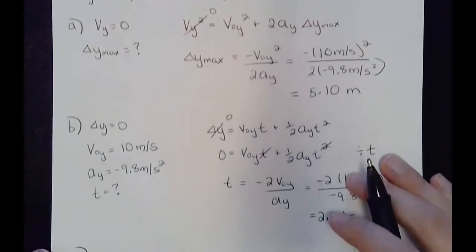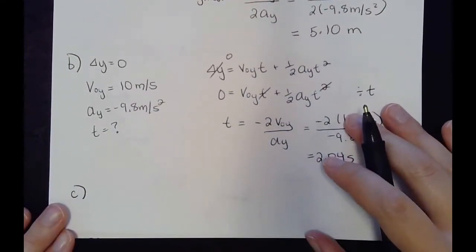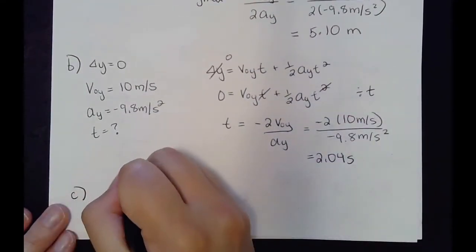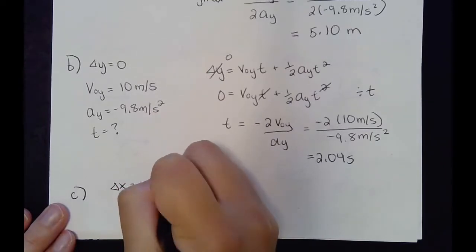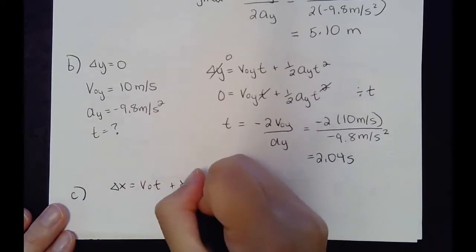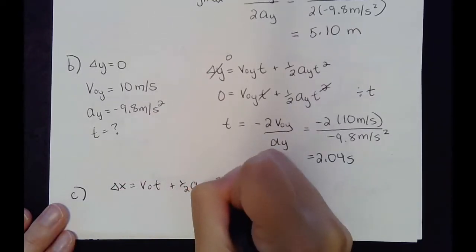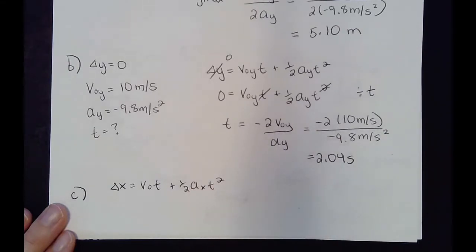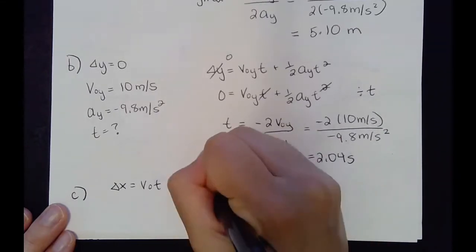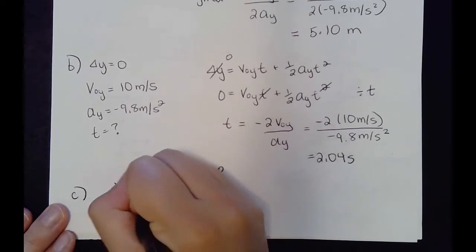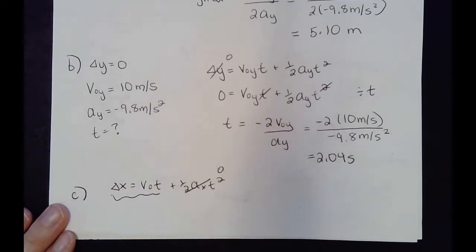For the x information, we have a constant velocity since a is 0. We're always going to use this equation in the x information for projectile motion, and a x is 0. So it's just this part of the equation that remains, which you'll notice is just the equation for displacement when we have a constant velocity.